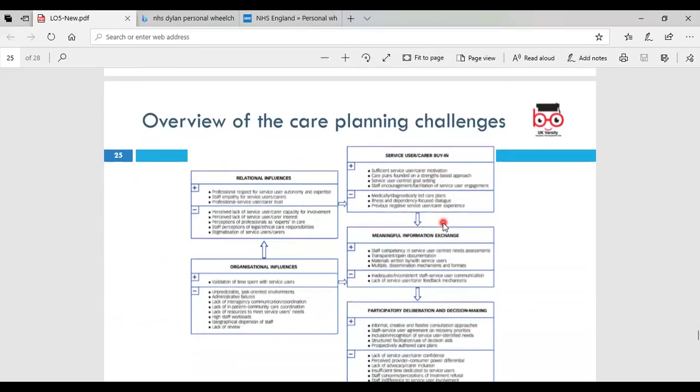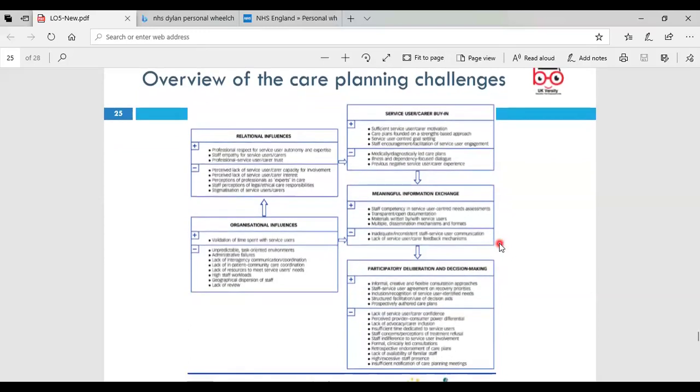There's this overview of care planning challenges that I would want you to go through. If this presentation is not shared with you, just take a picture of this at this time. We'll talk about this a bit, so you'll be reviewing this when you're off from this lecture. And then I would want each one of you to discuss these pointers.